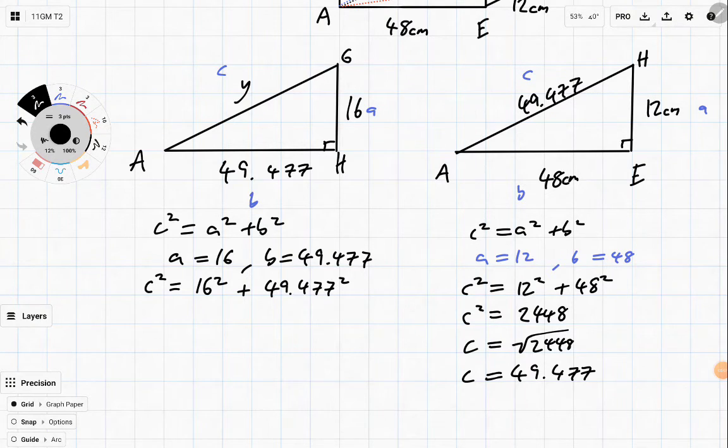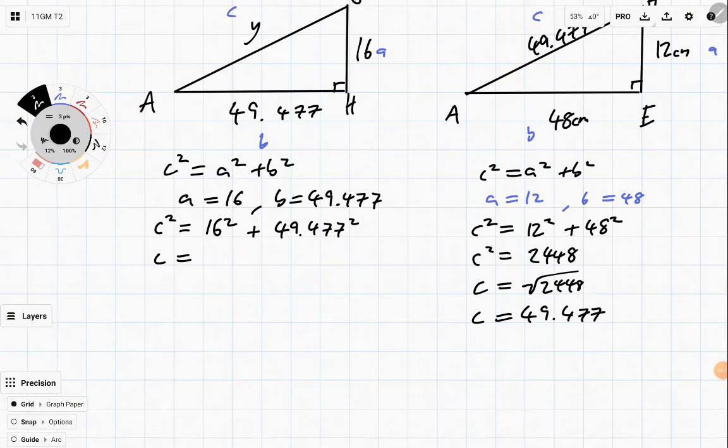Let's just take the square root of that. 16 squared plus 49.477 squared, and that's equal to 51.9997, which is going to round up to 52.00 centimeters. And there we go.